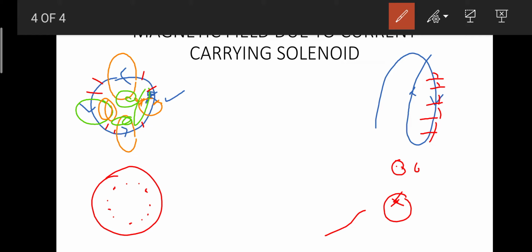I have simply changed the direction: from the surface level I have tilted that particular turn. So all the field lines have direction to the right side. Now we have discussed that the field lines are definitely going to be curved as they move away from the conductor.